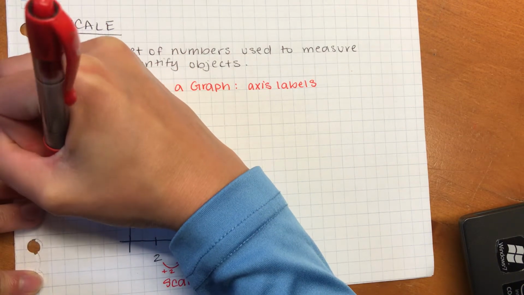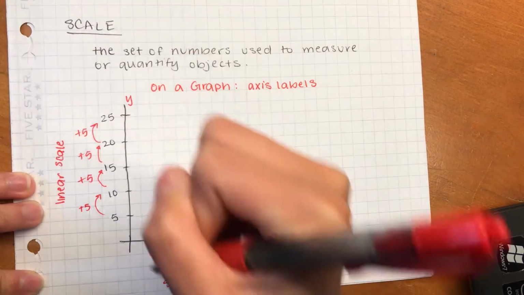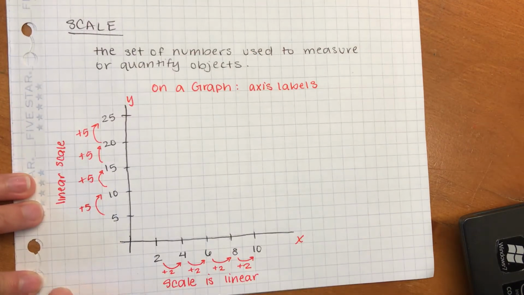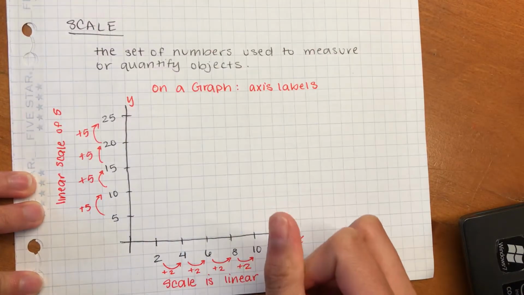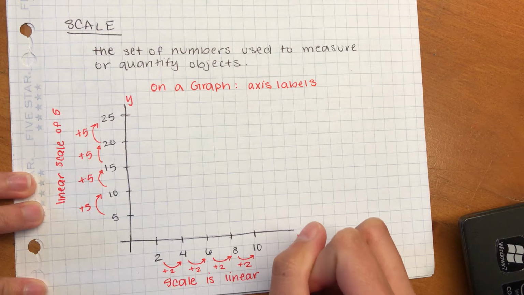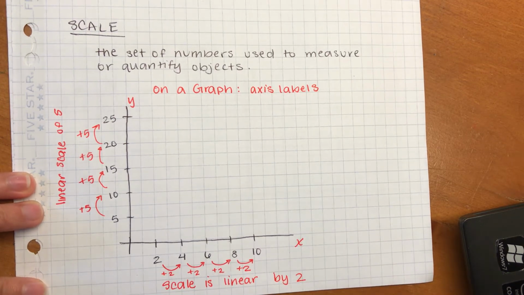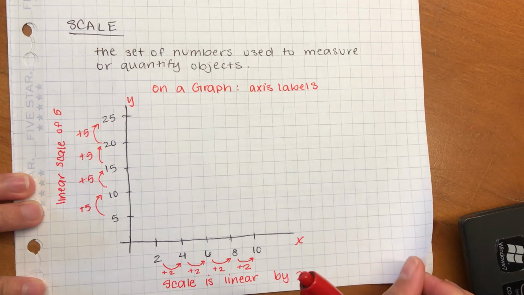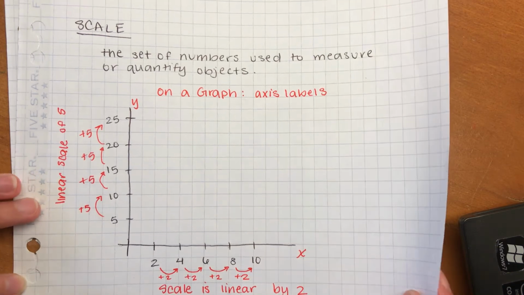I'm going to write this sideways just so that it fits. We have a linear scale of 5. The x scale is linear by 2 each time. Okay. Now, specifically, we're going to see how this relates to exponential and logarithmic functions.